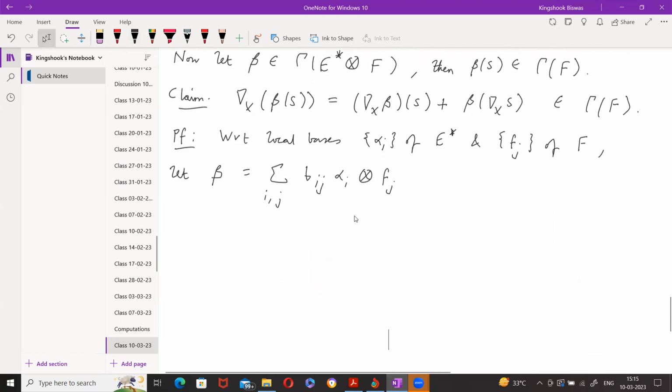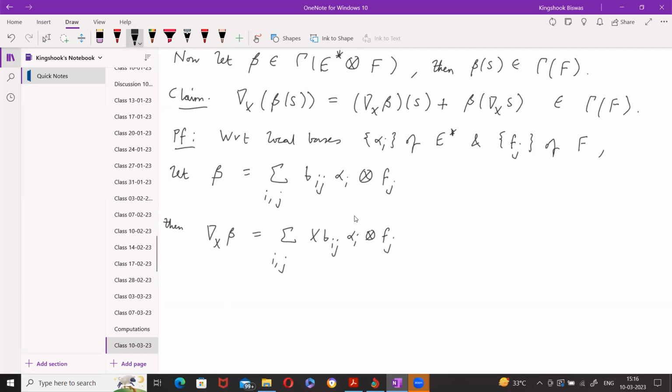Okay. Yes? Yes, sir. So then what will nabla X beta be? By definition of the induced connection, first of all, the connection is going to act on the functions. So there'll be a term coming from the functions, X Bij, alpha I tensor Fj. And then the connection is going to act on this section of the tensor product, alpha I tensor Fj.